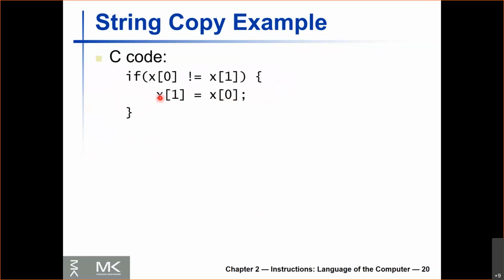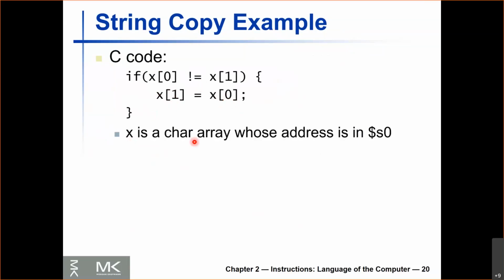Let's say that x is a character array. So x in this case is an array of characters, so an array of bytes, and the address of x is stored in the register S0. How do I generate the corresponding MIPS code for this?